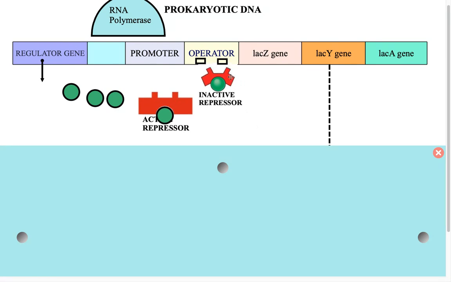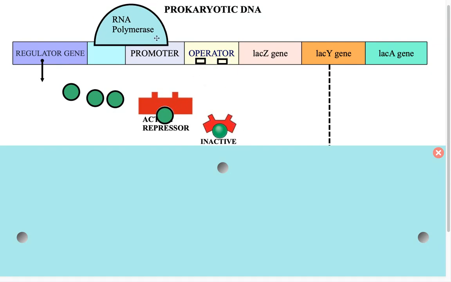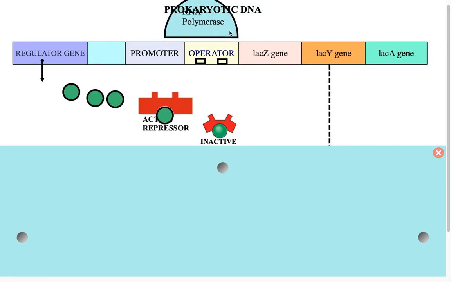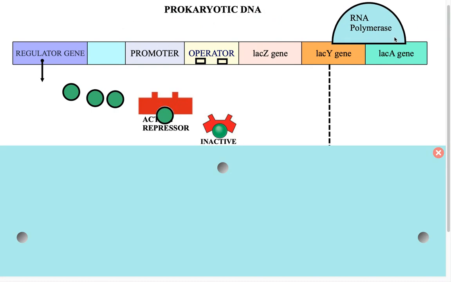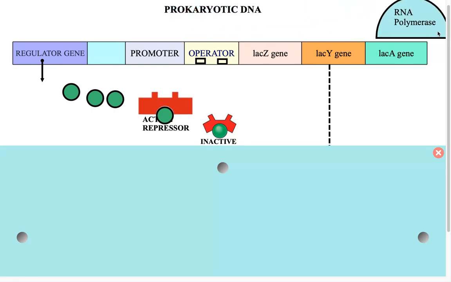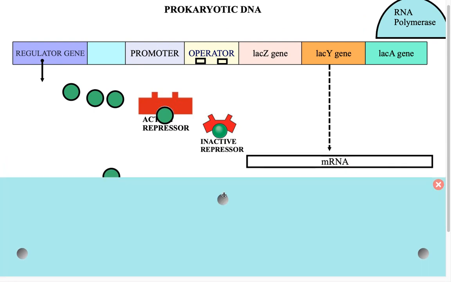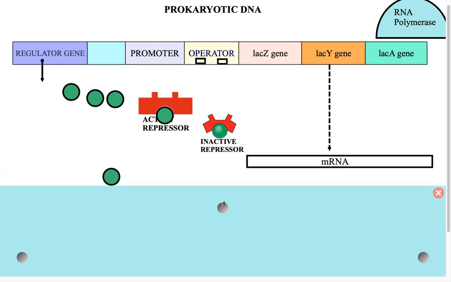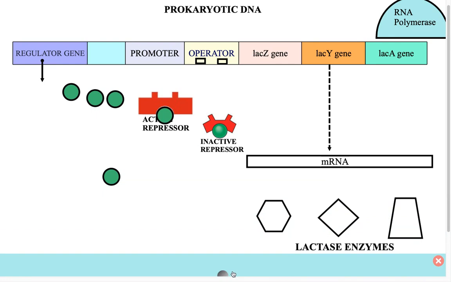Now, this inactive repressor does not fit perfectly into the operator, therefore it falls off. Now the RNA polymerase is able to start at the promoter, run the length of the DNA to make its mRNA message. I'll leave this here. Once we have our mRNA message, it is then going to be translated into proteins.